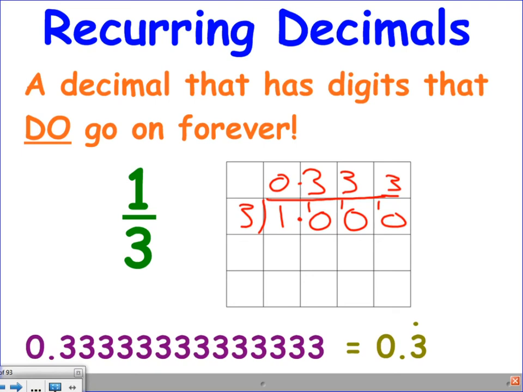In mathematics, there's a way to save you writing all those 3's. Okay? And that's this little dot here. That means it recurs forever. So if you see 0.3 with a dot over it, and they will test you on this, it means it's 0.33 and it goes on forever. Essentially, it's a third. Okay?